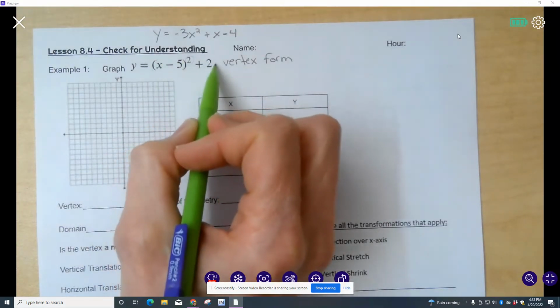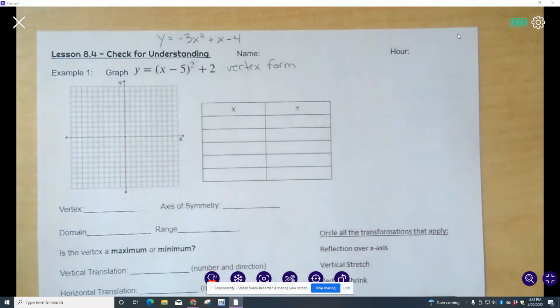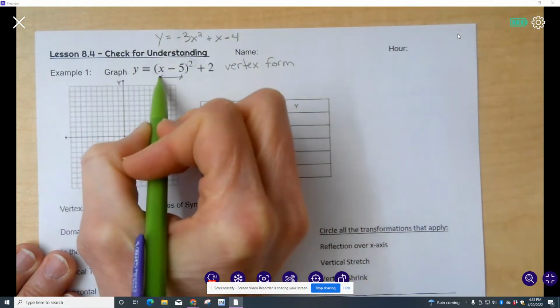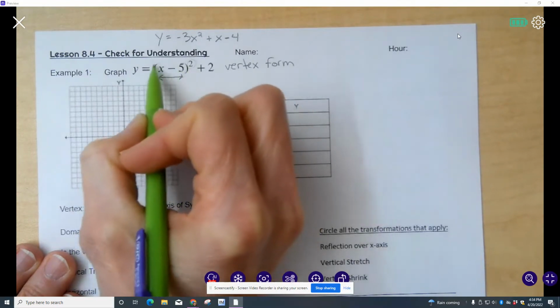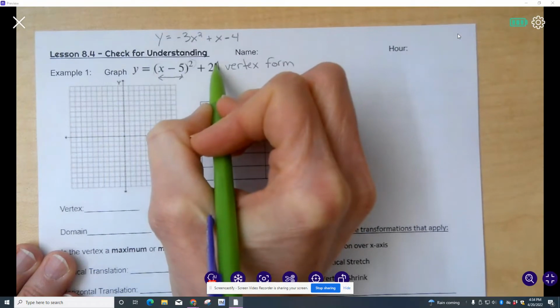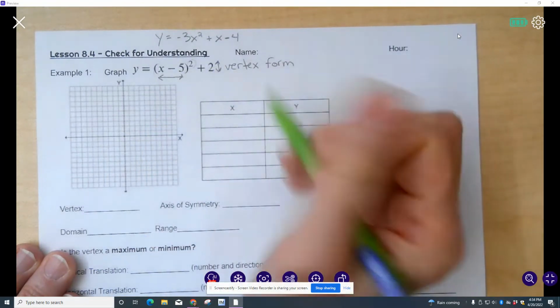And then the number on the end, the +2, is just exactly like it appears. So a right-left or a horizontal translation would be happening if you have a number inside the parentheses with the x. And a vertical translation would be happening with your number hanging on the end.